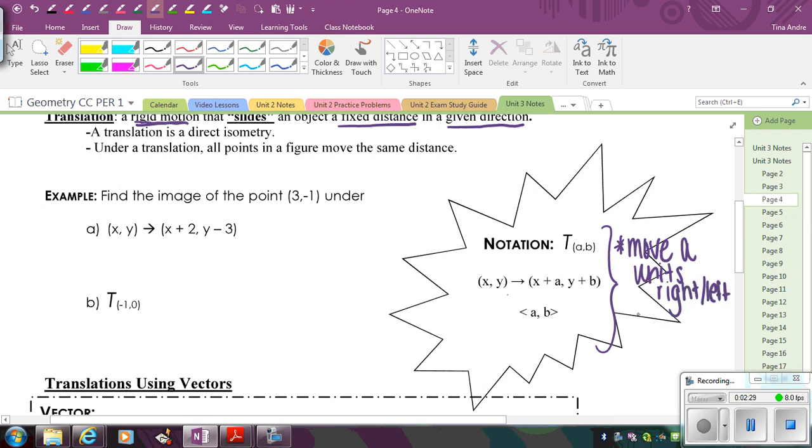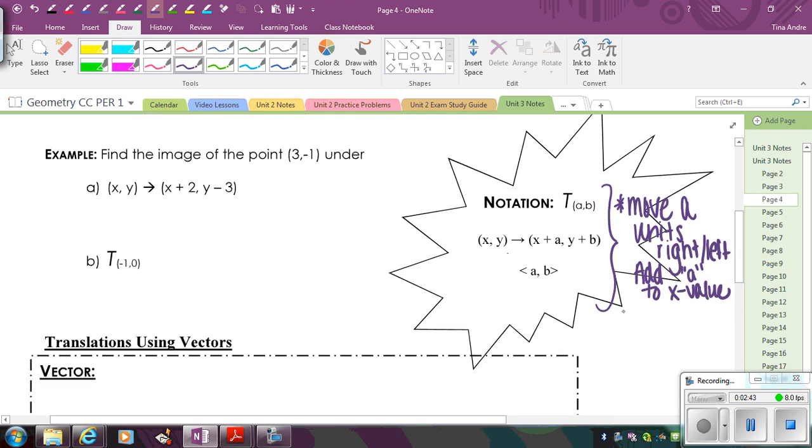Or you could think of it as add A to the X value. That's basically what this mapping notation is saying. And for B, that's going to be your vertical movement because that corresponds to the Y value. So you're going to move B units up or down.